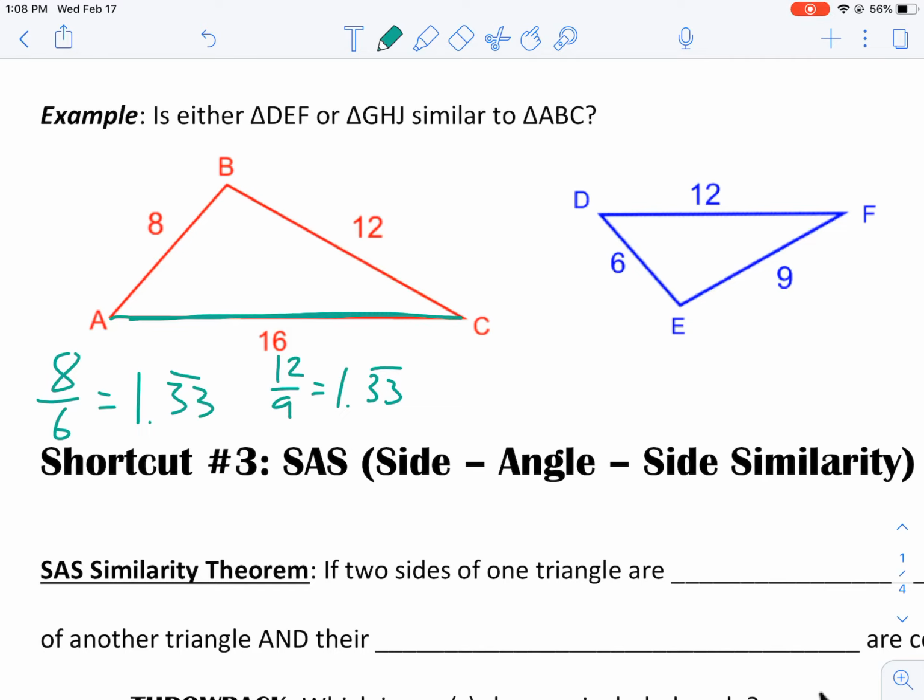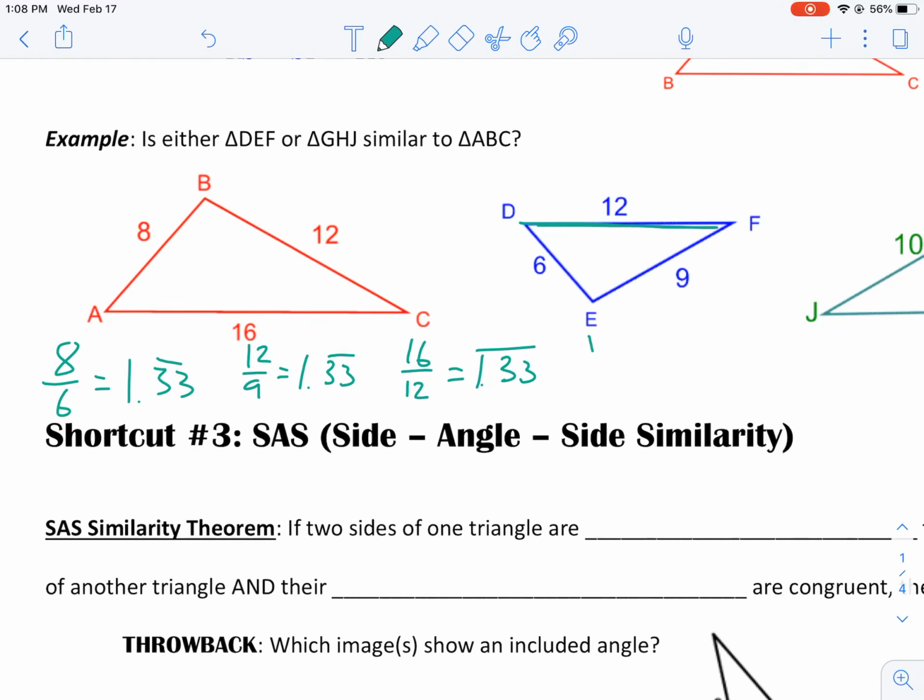AC matches up with DF, which is 16 divided by 12, which is also 1.33 repeating. Because all of the ratios are the same, we can say yes, those triangles are similar. You need to check all 3, because if one of them is different, then they don't have that common ratio, which means that they're not similar.